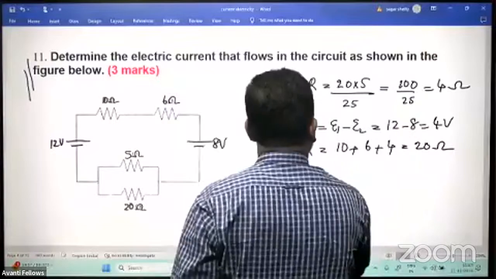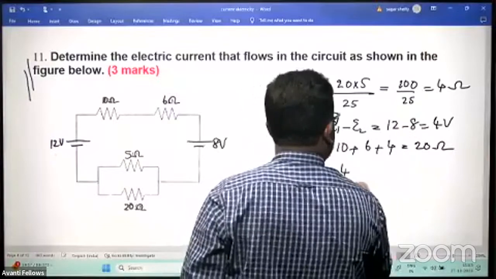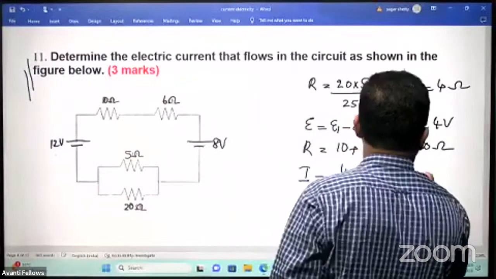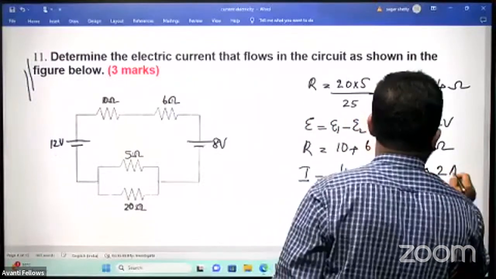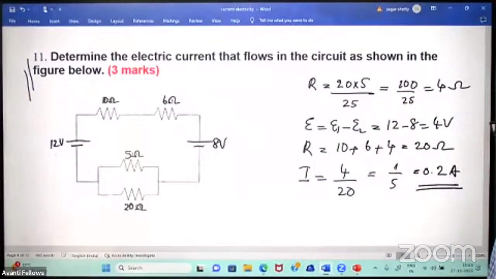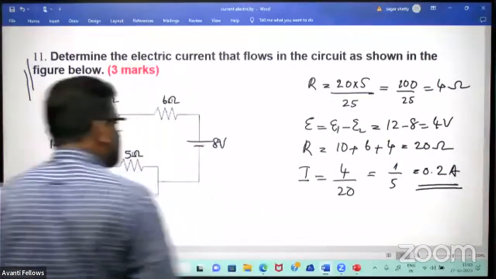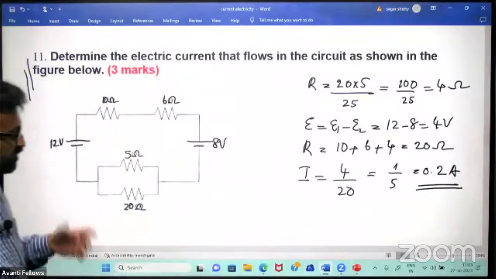Then the current I will be equal to 4 by 20, 0.2 ampere. Okay. See this one, very simple one.